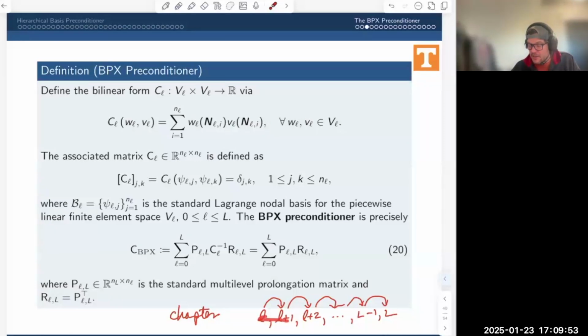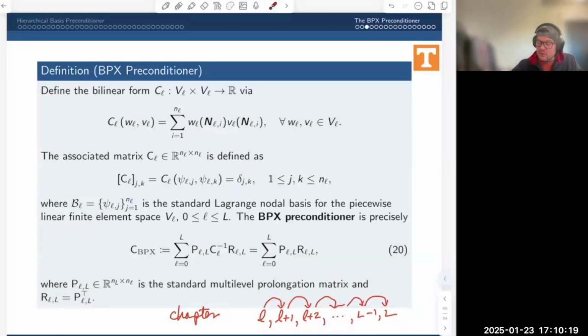This is a standard prolongation matrix. This is a standard one. I can stack them all up, multiply them together, and I get what we called the multi-level prolongation matrices. The restriction matrices just go in the opposite direction, and they were defined through the transposes of the prolongation matrices.